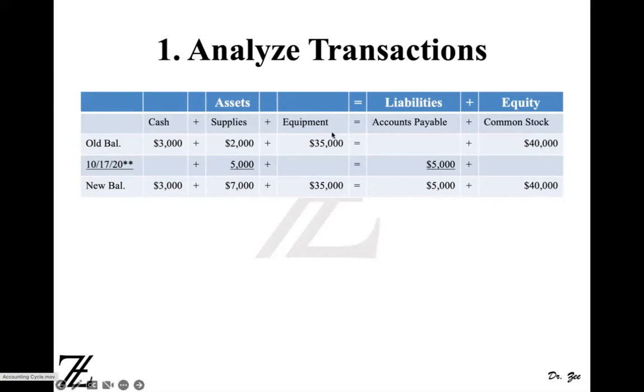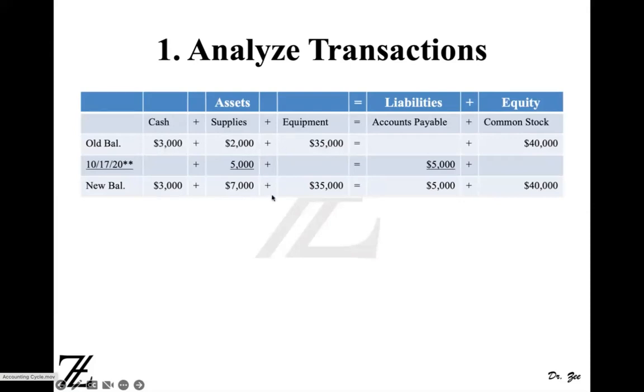So these are the transactions that I've listed here. What it shows is that the older balance of cash was $35,000, supplies $2,000, and equipment $3,000. So these are your assets.